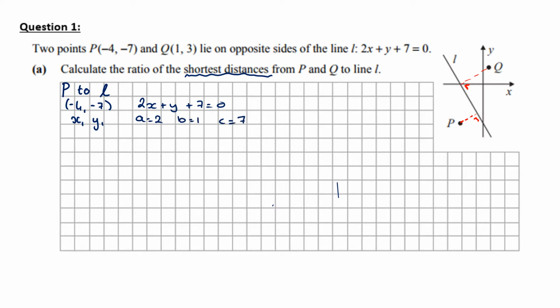And the formula we're looking at, the distance is equal to ax1 plus by1 plus c all over the square root of a squared plus b squared.